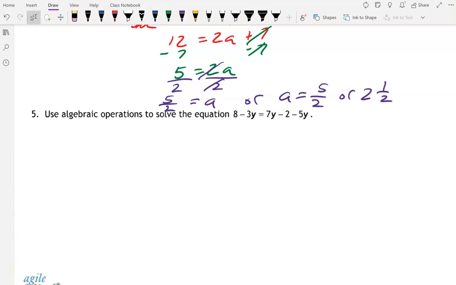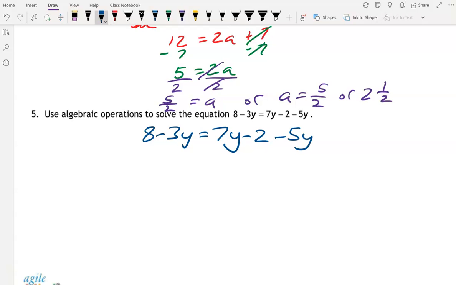Okay, I believe this is our last one, so let's take a look really quick. 8 minus 3y equals 7y minus 2 minus 5y. Okay, well, first things first.